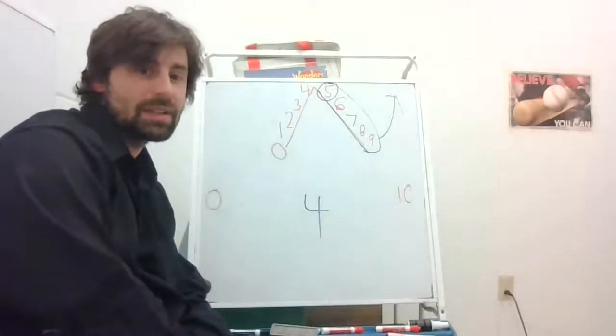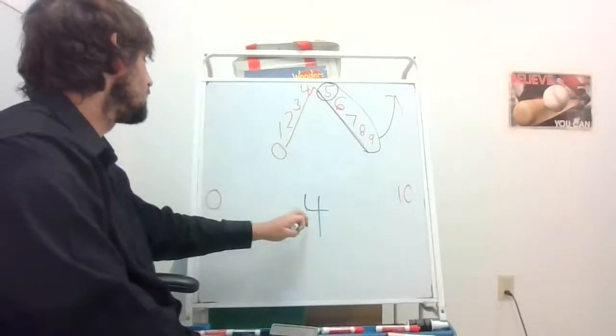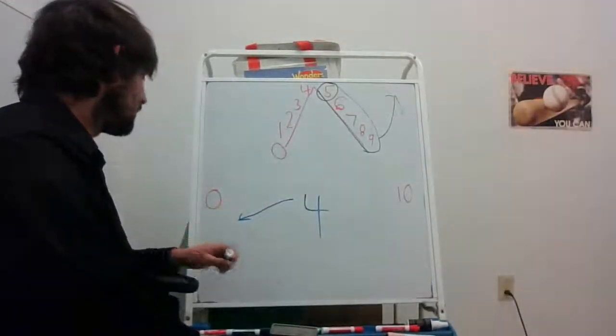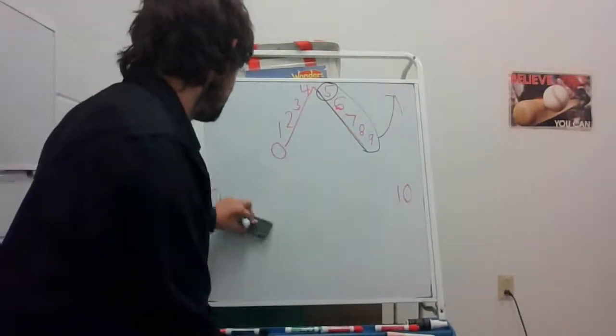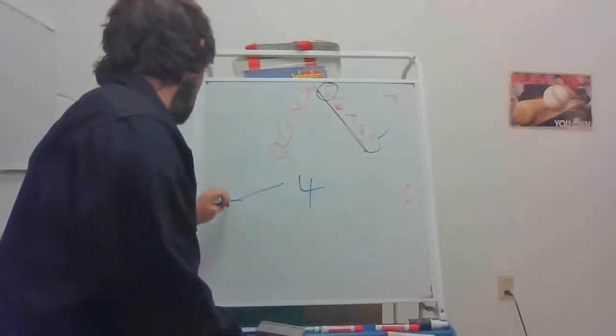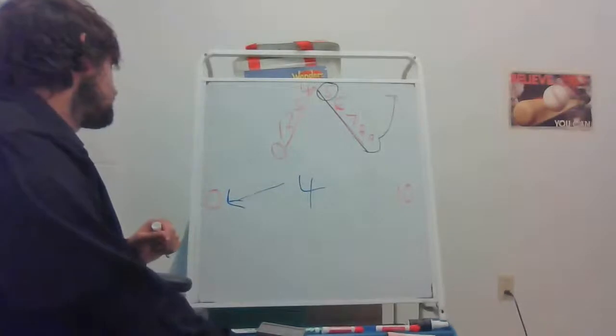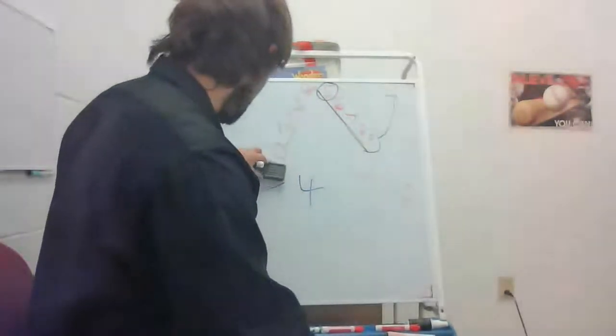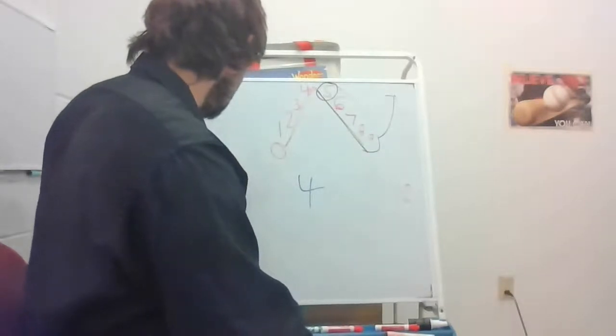So 4 is going to be rounded down. The number 4, I like to make clear, would round down to 0. Anything under 5, we're going to round down to the lower 10.